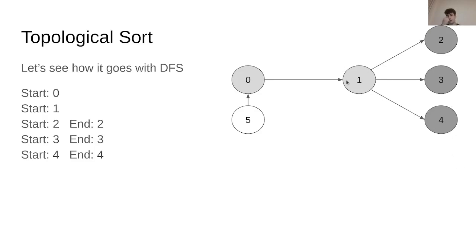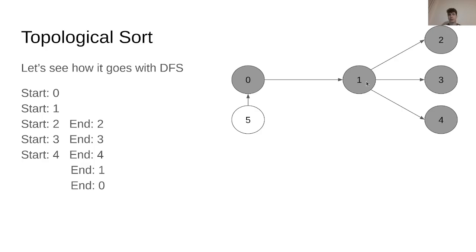And since 1 doesn't have any more neighbors to go to, we finish with 1. And for 0 we don't have neighbors, we finish. And we're done with the visit from 0.